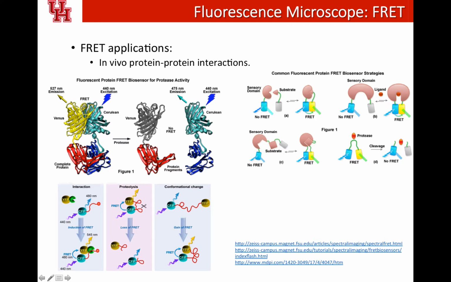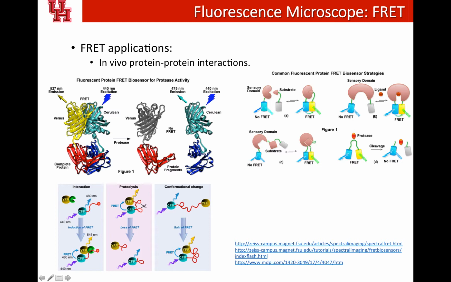If you have one protein, and a second protein or peptide fragment, and you link them with different fluorescent molecules, one has a higher energy, I mean a smaller excitation wavelength, 440, and the other has a longer excitation wavelength.